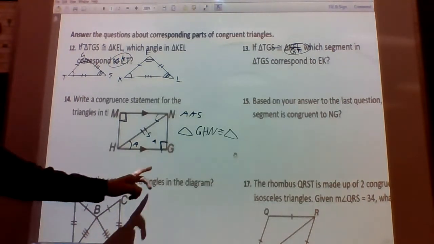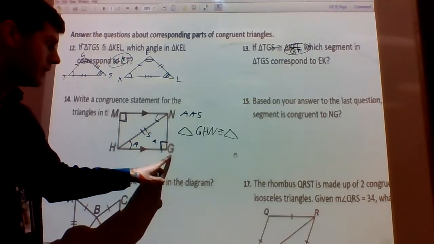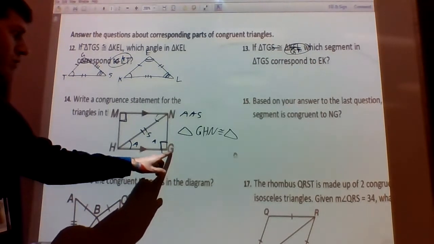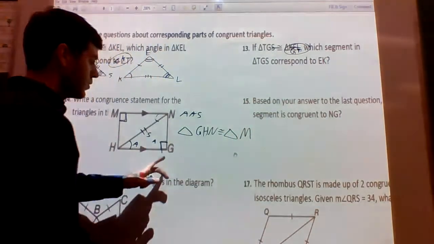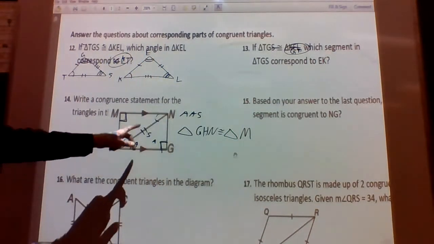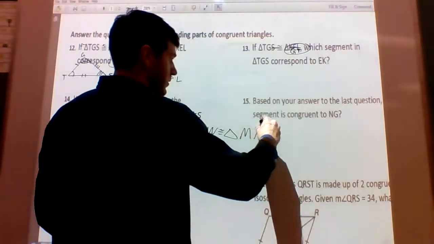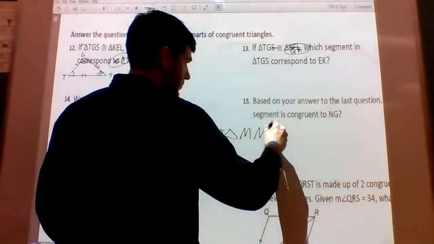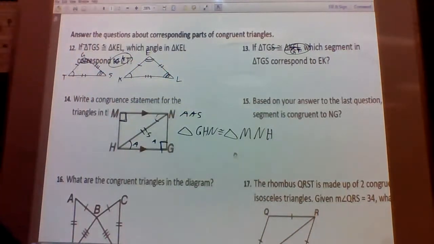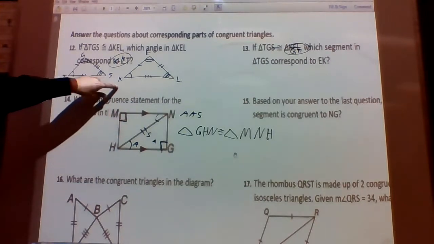So what's the corresponding piece to G? The corresponding piece to G is going to be M. What's the corresponding piece to H? It's going to be N. And then what's the corresponding piece to N? It's going to be H. So if this is confusing, imagine pulling this piece off and then rotating it.